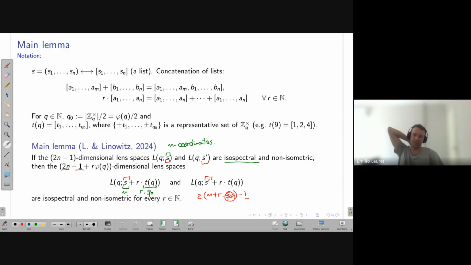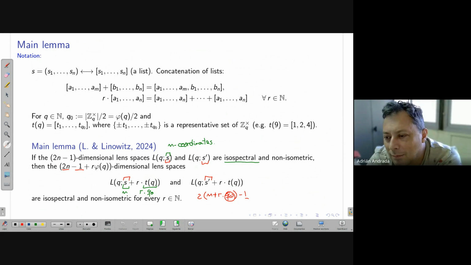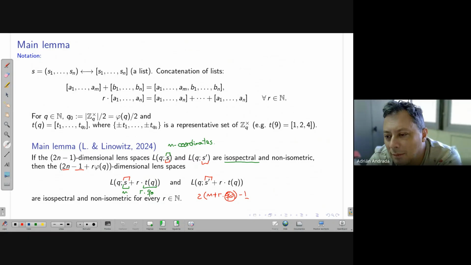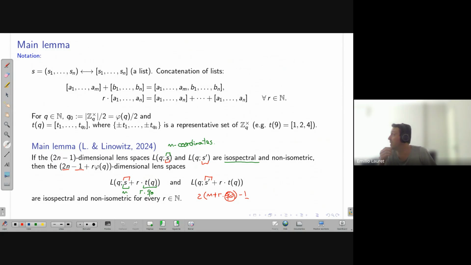But yes, a lot is known. Let me mention something that is known. The main contribution, with Juan Pablo and Roberto, was that we proved that there are lens spaces that are p-isospectral for every p, but they are not isometric. They are not strongly isospectral, which means: to any manifold you can associate natural bundles, and on these bundles, natural operators, natural Laplacians, okay?